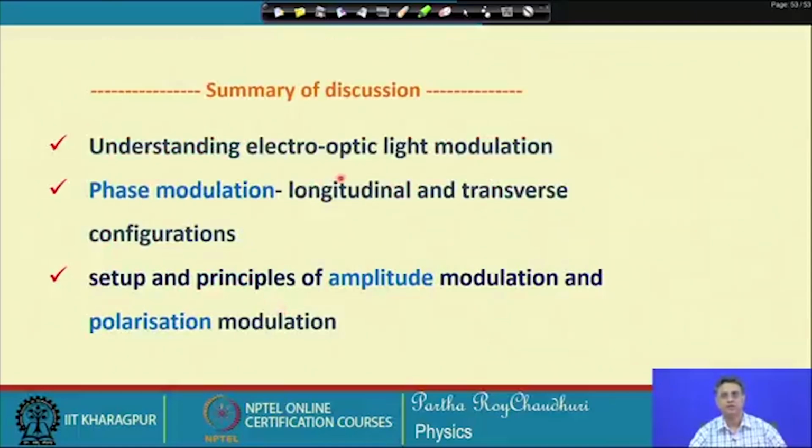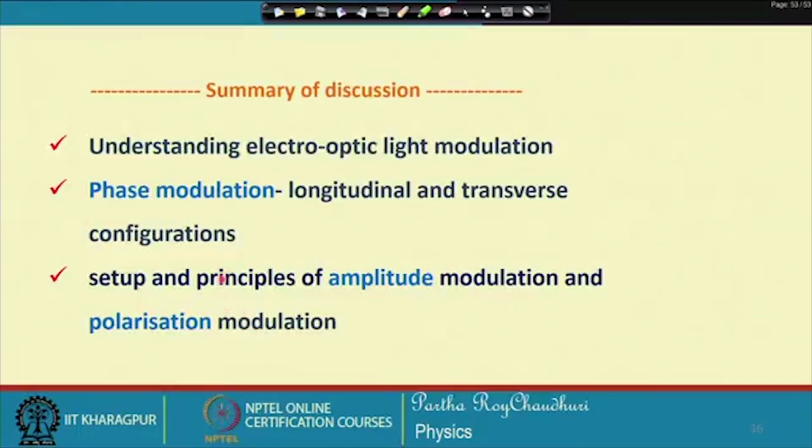We discussed this electro-optic light modulation in terms of phase modulation under longitudinal and transverse configurations. We also discussed the setup for amplitude modulation and polarization modulation, with the basic principles, and tried to understand how the phase, amplitude and polarization can be modulated. Thank you.